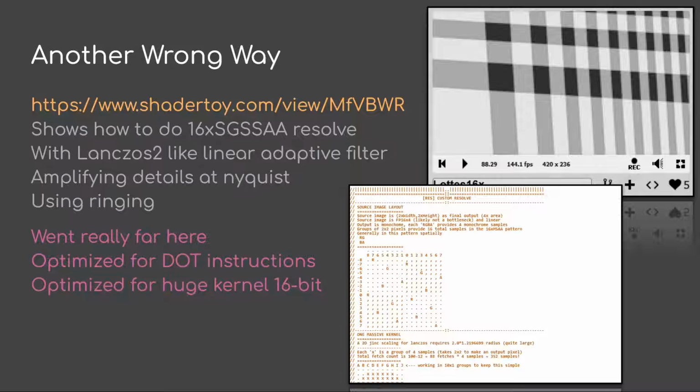So this is going to amplify details at the Nyquist frequency, and it's going to rely on some amount of ringing. This kind of functions like CAS does in that it does a local analysis, and then it modulates the amount of ringing in the kernel based on how far you can push both the positive and negative lobe on the output. What I mean by positive and negative lobe is on the darker side, you're going to go more dark, and on the lighter side, you're going to go more light.